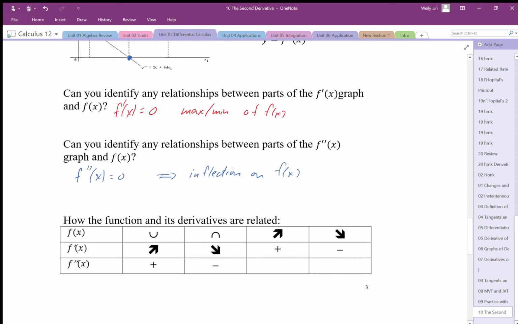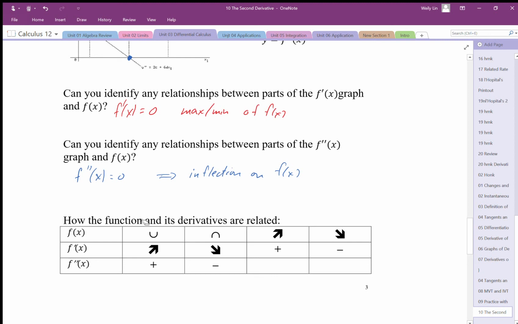So if we look at this chart here, this chart's very useful. And these are the charts that we want to start drawing when we start looking at functions, because we want to know what the shapes of these functions are. So if my original graph has a max or min, okay, that means that the curvature is like this. That means the first derivative is increasing.